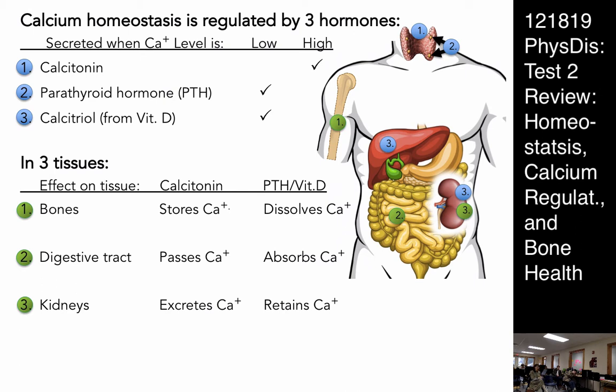I should say that calcitonin comes from the thyroid. Parathyroid hormone comes from the parathyroid. And calcitriol involves 3 organs: the skin, the liver, and the kidney.